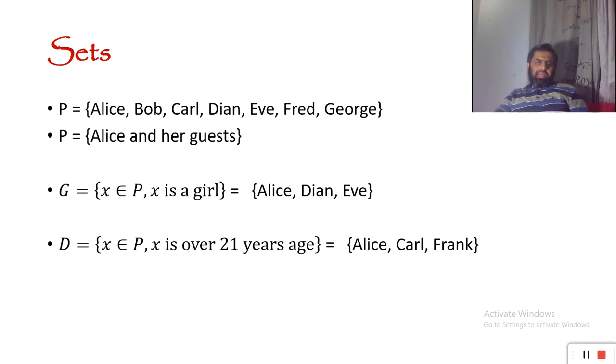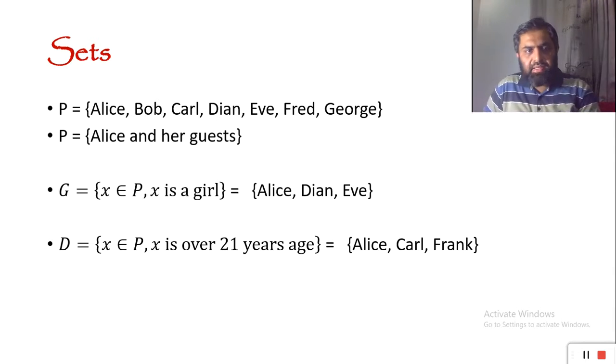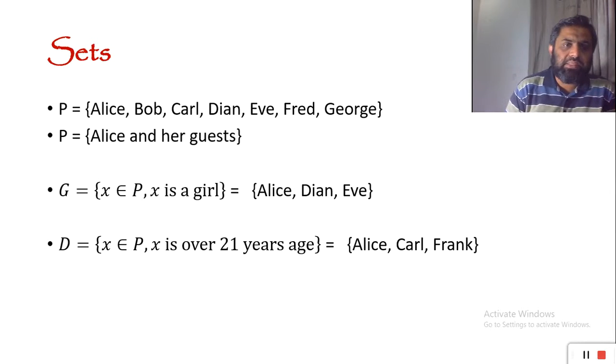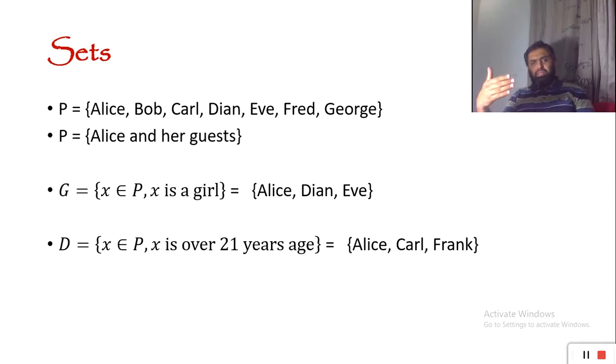For example, we can say Alice and her guests in her home, or Alice and her friends in Alice's home. Different people may give different notation for the same objects, but the important thing is the message should be conveyed the same. A person who reads one notation of the set or another notation of the set should get the same message.